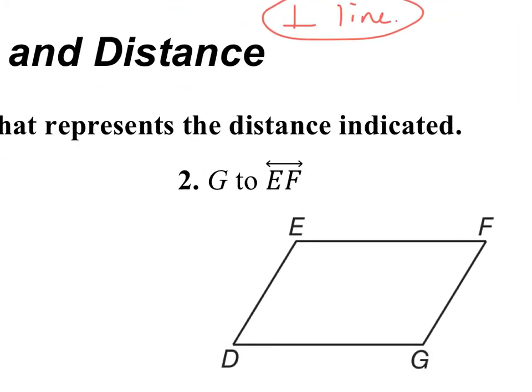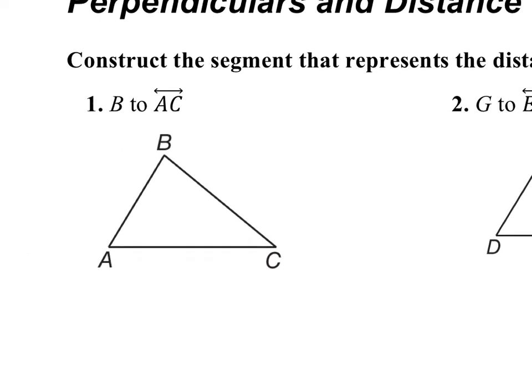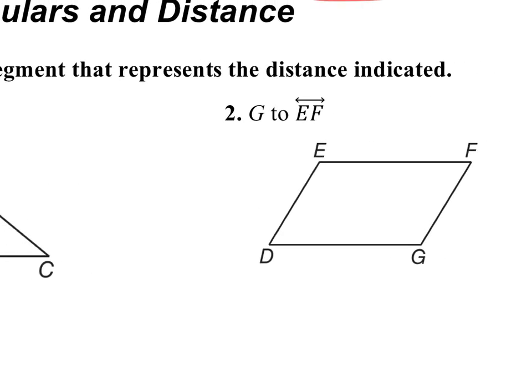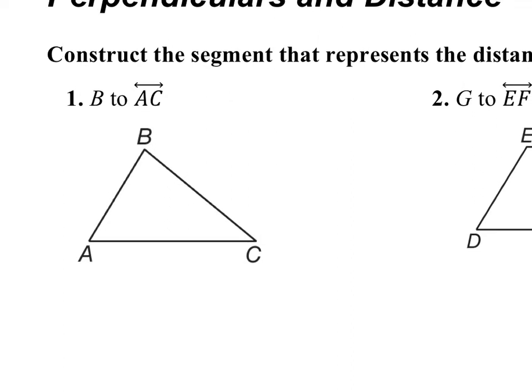And so I kind of just want to jump in here real quick and talk about number one. We want to construct the segment that represents the distance indicated. So the distance from point B to the line AC, the shortest distance that we would have is a perpendicular line.